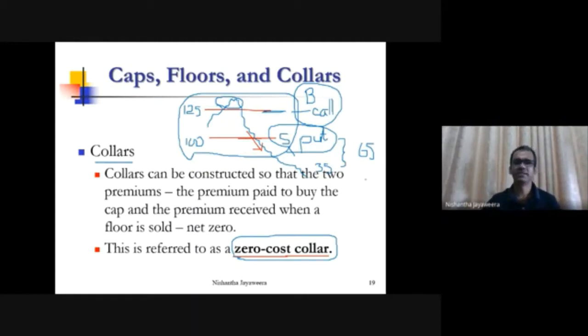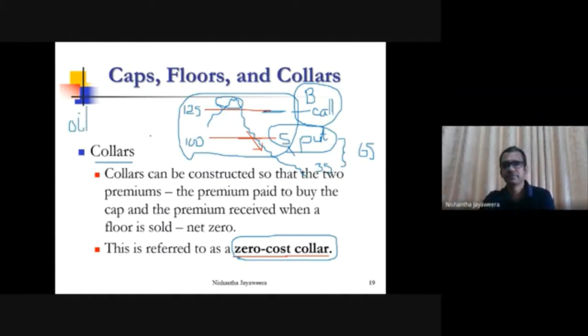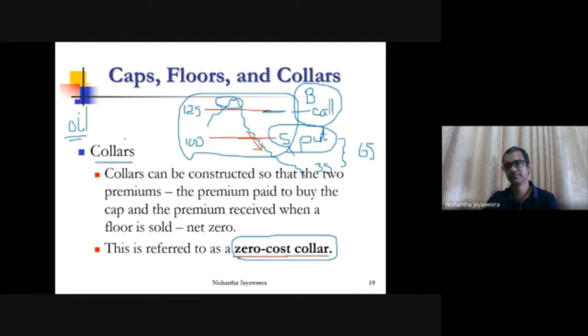So the lesson here is you are an oil importer. Whatever the commodity you are going to buy, what is your risk? You want to buy oil. What is your risk? If price goes up.